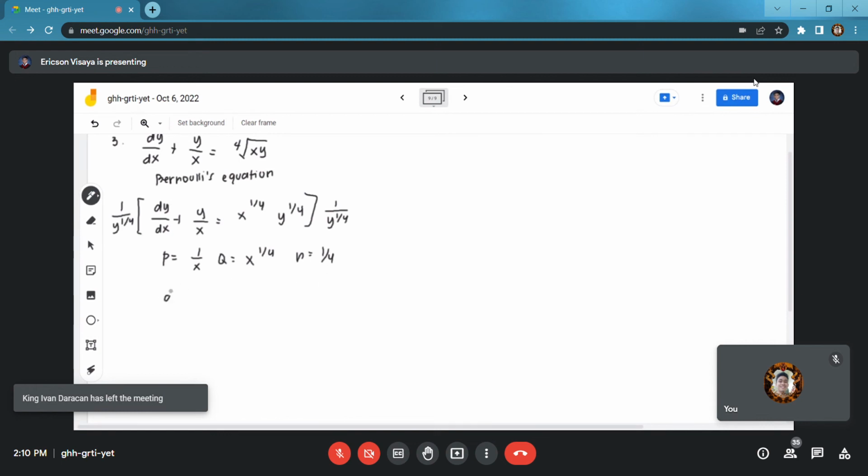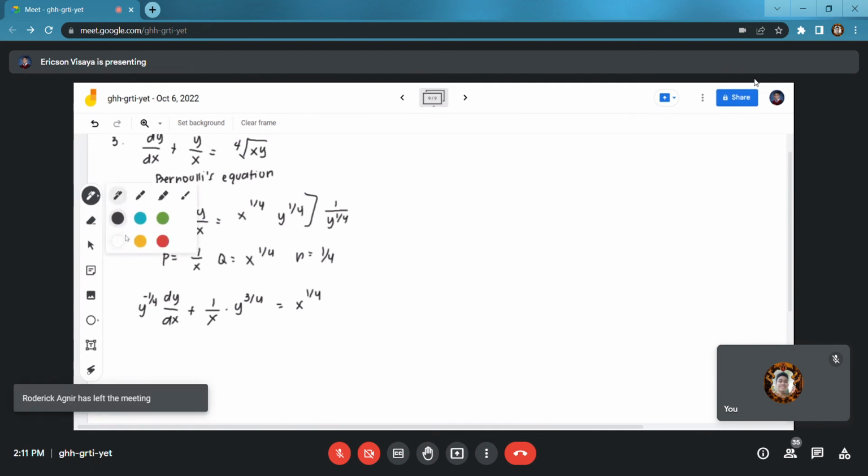So magiging dy over dx, y raised to negative 1/4, plus 1 over x, y divided by y raised to negative 1/4 ay y divided by y raised to 1/4, that is y raised to 3/4. Kasi 1 minus 1/4, that is equal to 3/4. And equal na sa x raised to 1/4.